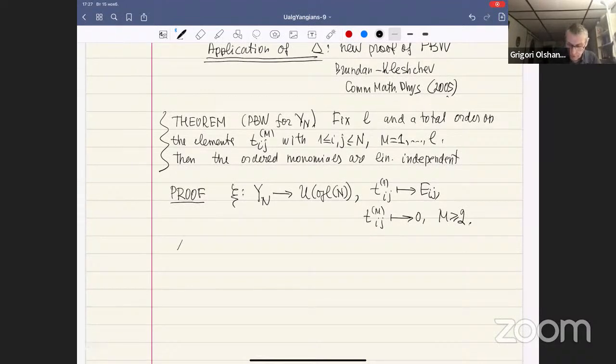So we also denote some iteration of the coproduct, which is defined as follows.